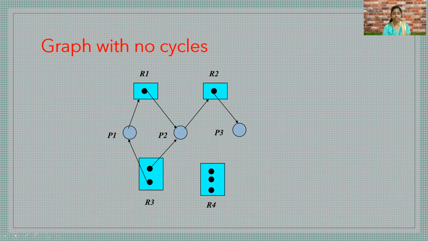Now you can see this example of a resource allocation graph. This graph consists of 4 resources, R1, R2, R3, and R4, and there are 3 processes, P1, P2, P3.